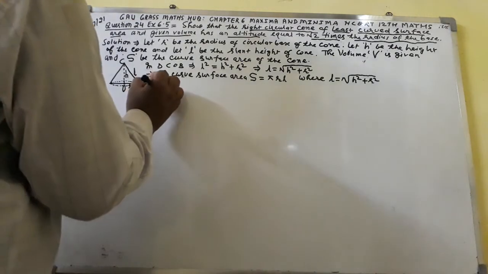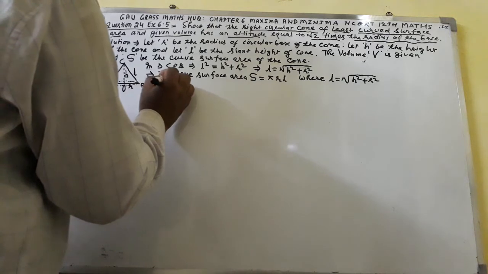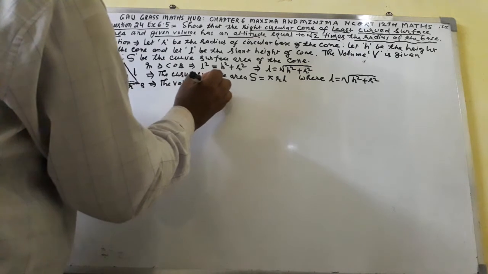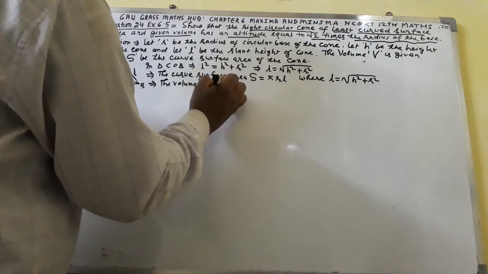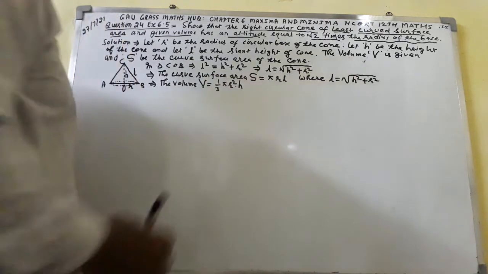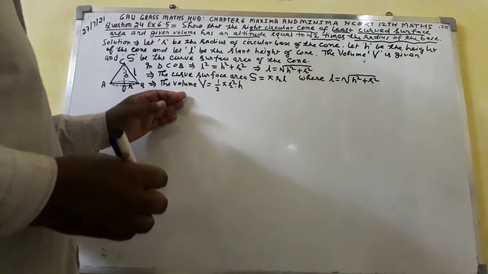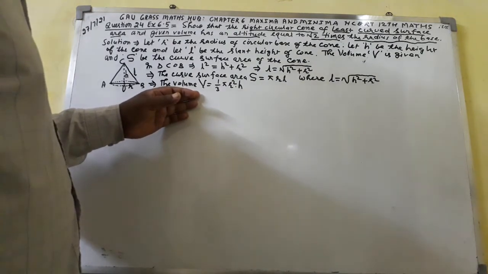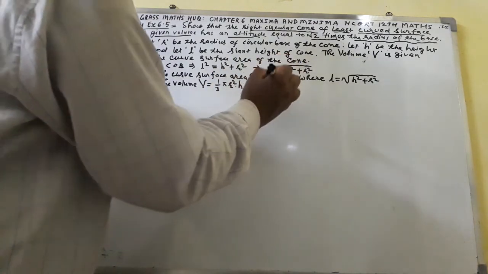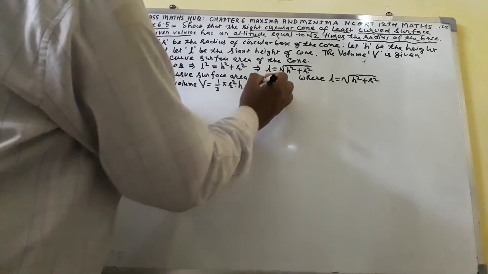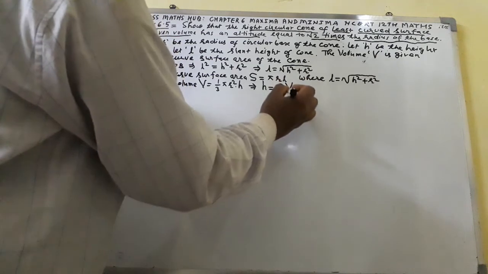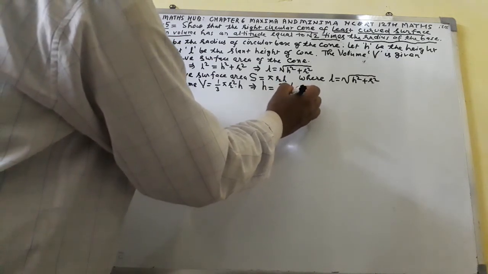Again, the volume capital V equals 1/3 pi r square h. This is the formula. Here the volume capital V is given, so h equals 3V over pi r square.